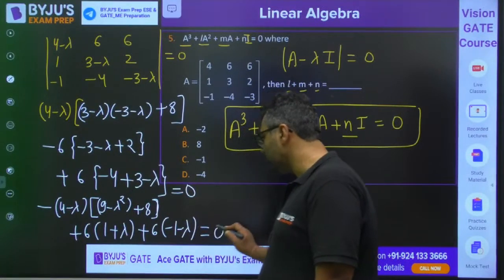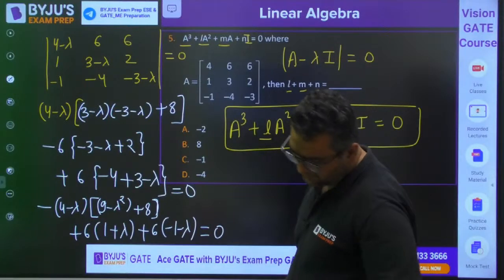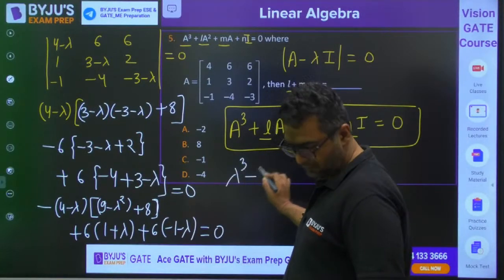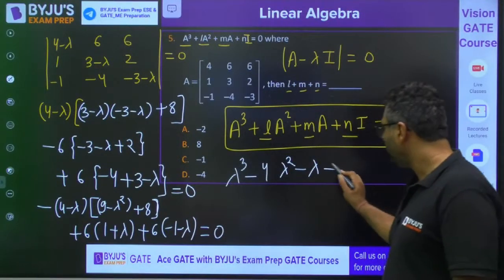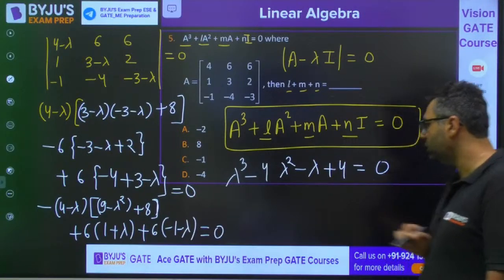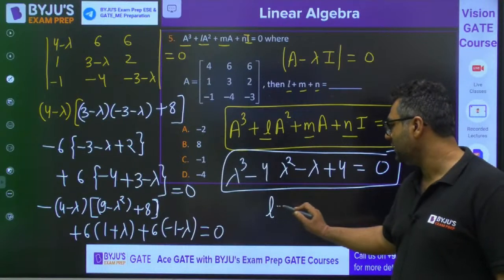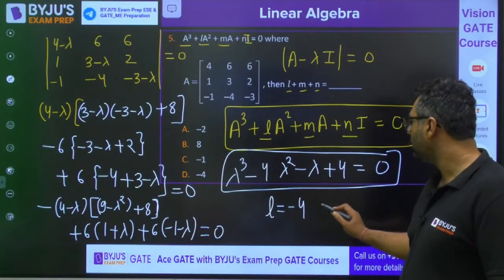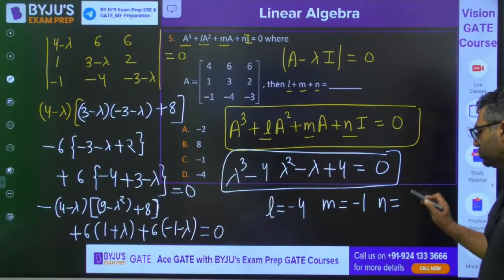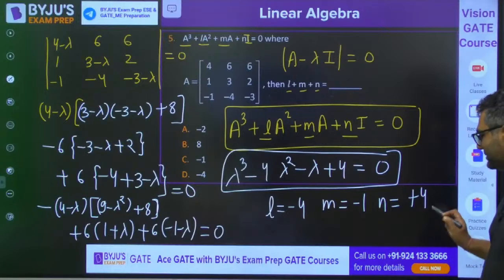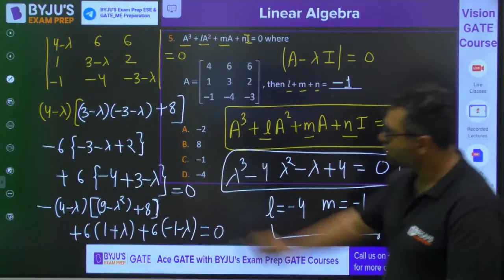When you equate it to 0, you get the final equation, which I have solved for you: lambda cube minus 4 lambda square minus lambda plus 4 is equal to 0. If you compare this equation, L is equal to minus 4, M is equal to minus 1, N is equal to plus 4. When you take the summation of these three, the answer will be minus 1. So C is the right answer.